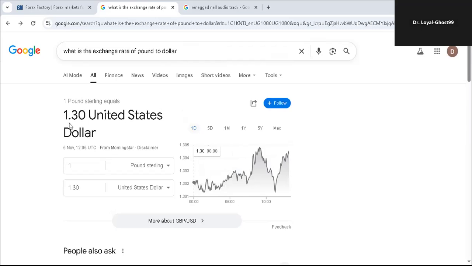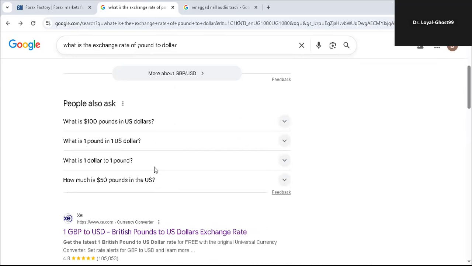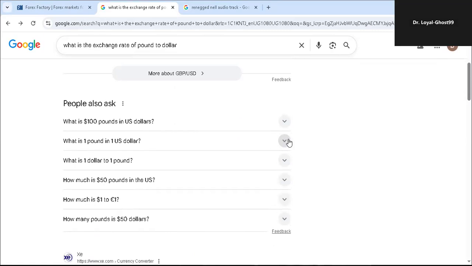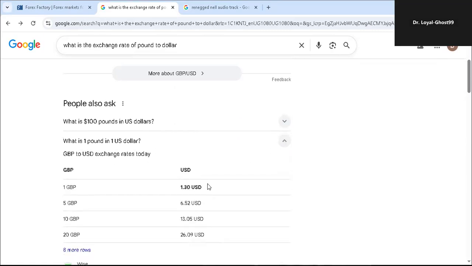After checking here, the exchange rate is 1.30. What best deal can I get? Because here it says 1.30, so I'll go look for a better deal. This is 1 pound, 1.30 US dollars.